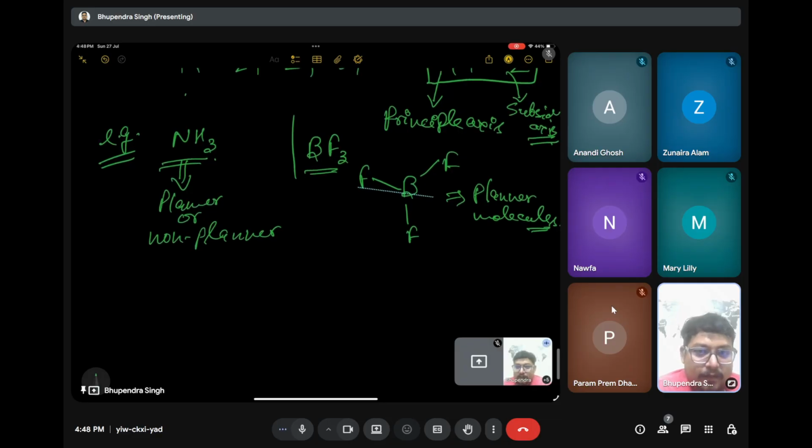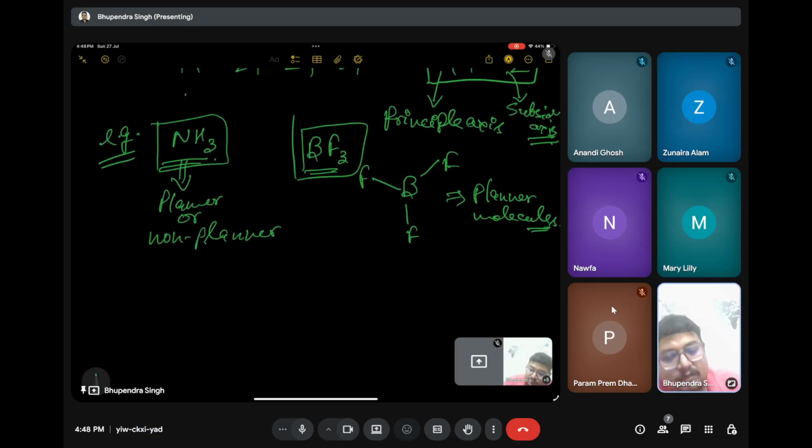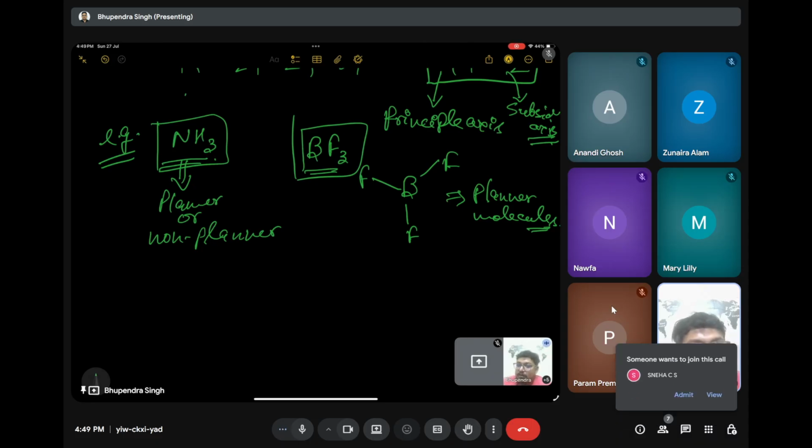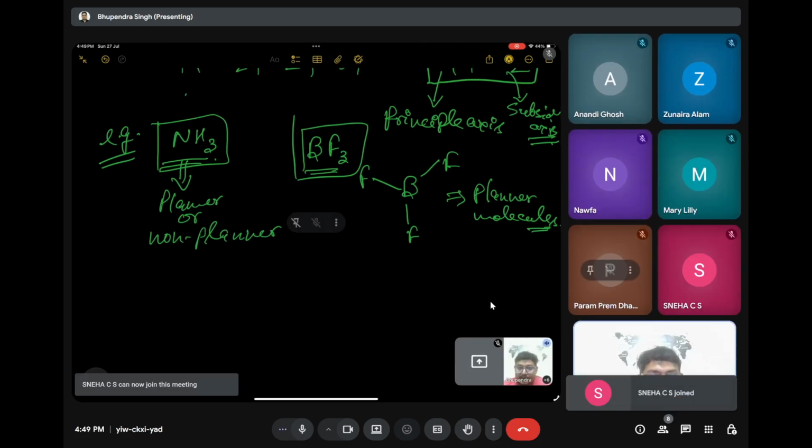Then by just being given NH3 or BF3, you will be able to draw the structure of the molecule. And if you draw the correct structure, then there is a possibility you will determine the correct point group or axis of the molecule. Otherwise, you will end up getting a wrong answer.